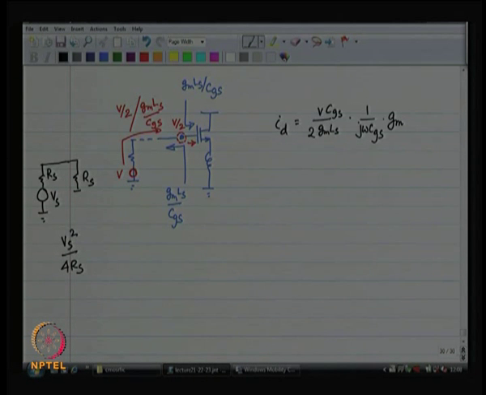Here the power that I am getting is V by 2 squared by gm Ls by CGS. Now, these two have got to be equal.